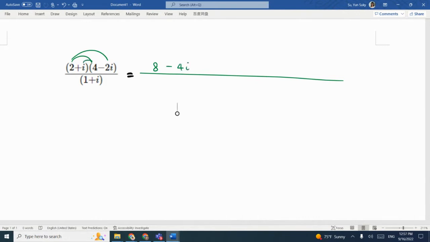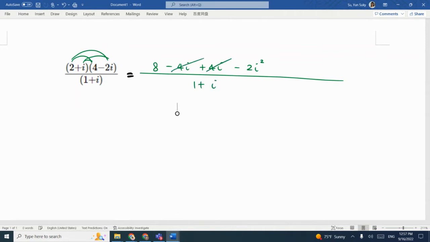Oh, by the way, this is your classmate's homework problem, but you might have a different homework problem because the system generates different numbers. So we just think of this as a practice. So we have what? Is it plus 4i? And then minus 2i squared. Yes. And denominator 1 plus i.